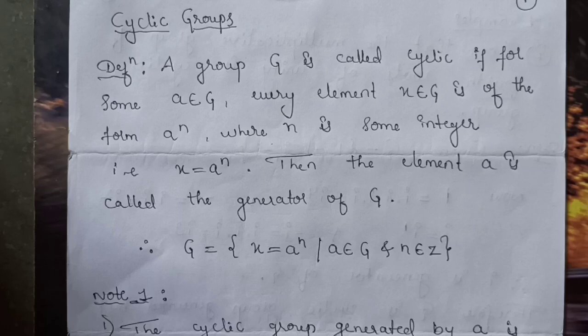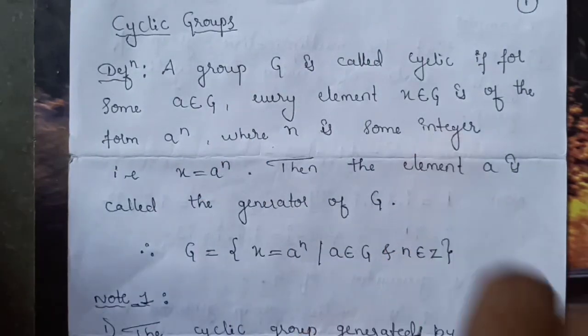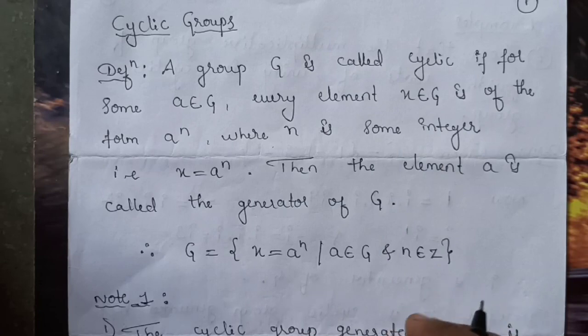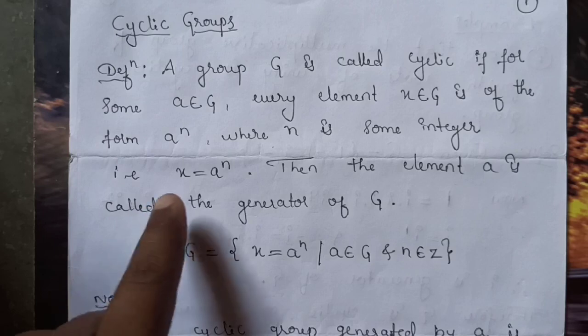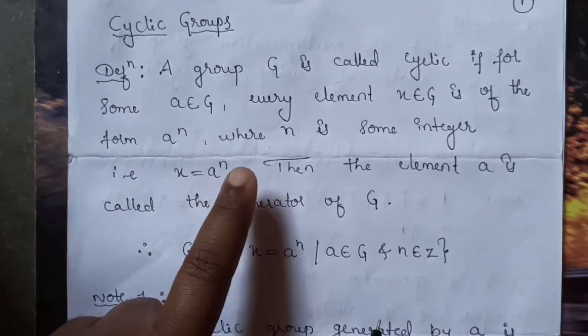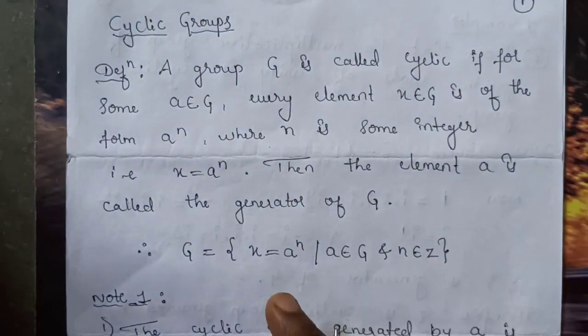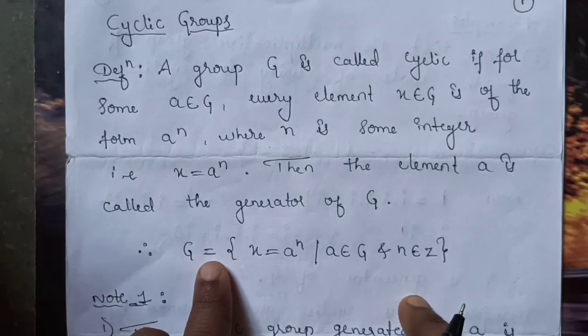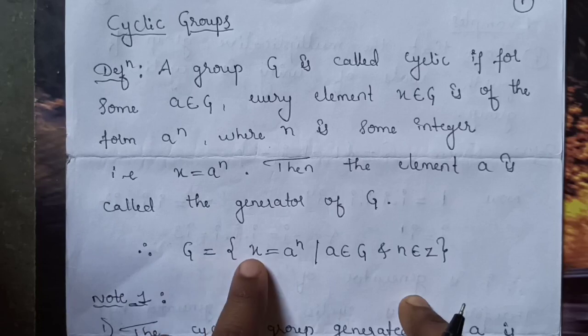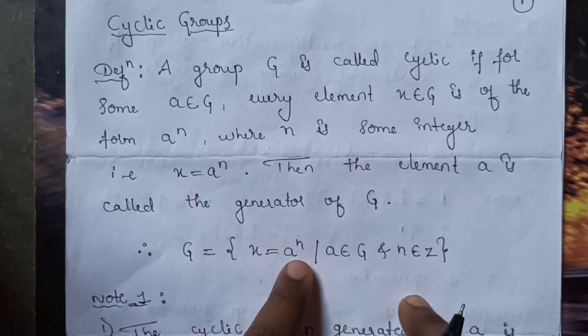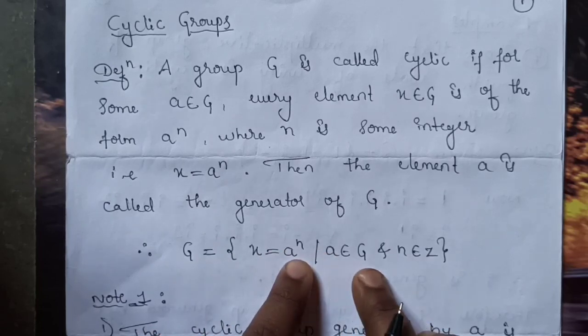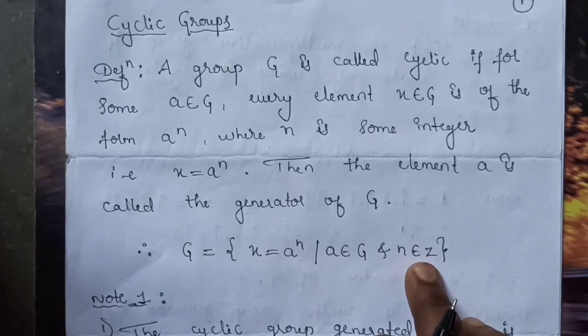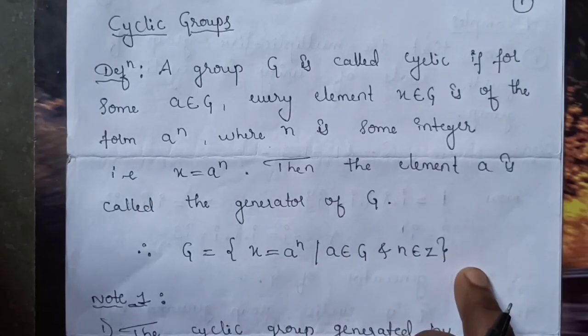A group G is called cyclic if for some a belongs to G, every element x belongs to G is of the form a raised to n, where n is some integer. That is, each x can be written in the form a raised to n. Then the element a is called the generator of G. That is, G equals the set of x such that x equals a raised to n, where a belongs to G and n belongs to Z, that means any integer.